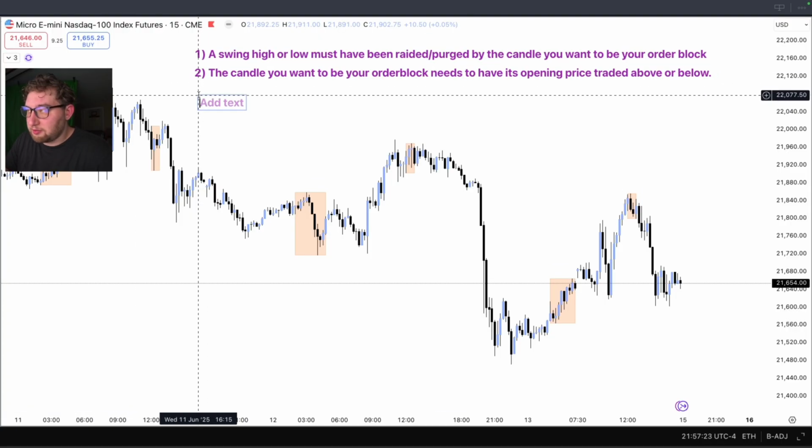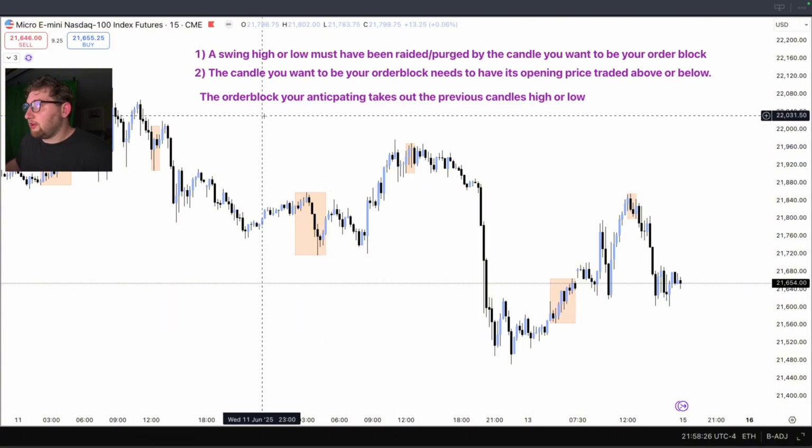If there is no swing point, you can still use any up close or down close candles as potential order blocks, as long as the order block you're anticipating takes out the previous candle's high or low, essentially taking out liquidity.